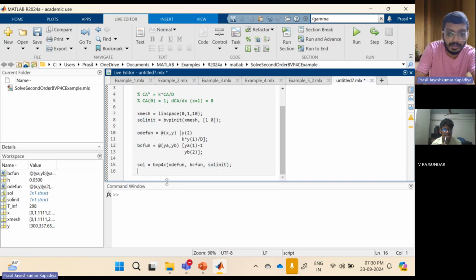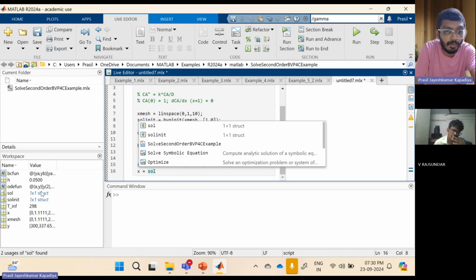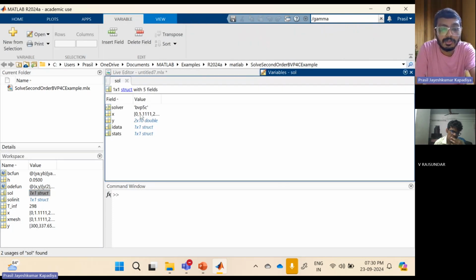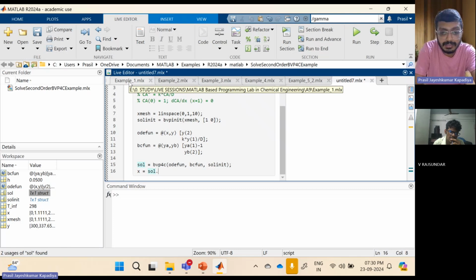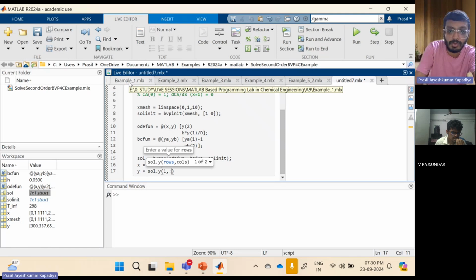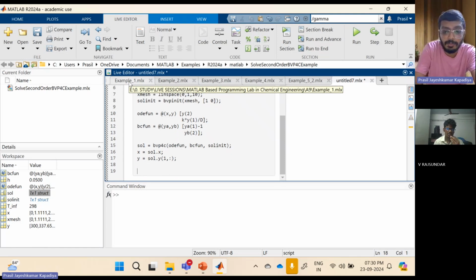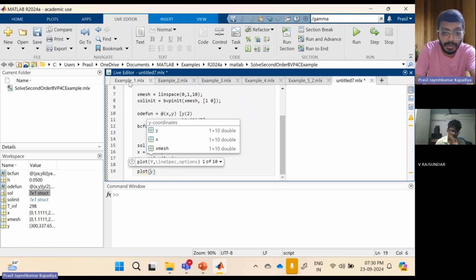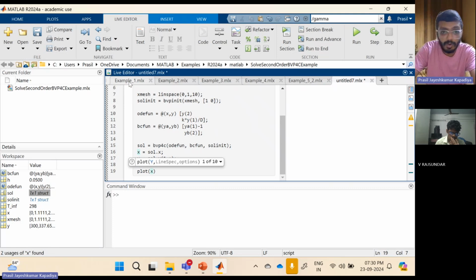Now to plot it, I need to separate out the values from the solution. If I open the previous question, solve dot x will give me the value of x, and y will be given by solve dot y, first row all columns. And if we plot this, on x-axis it is x, on y-axis it is y.